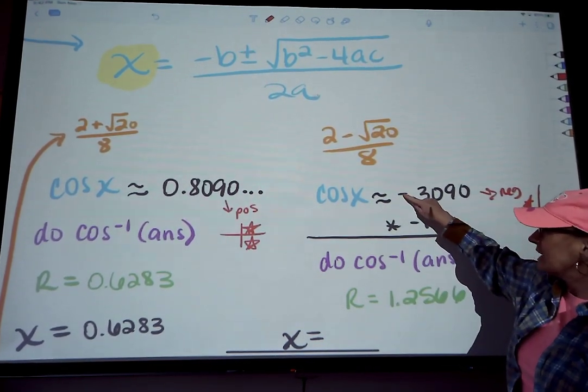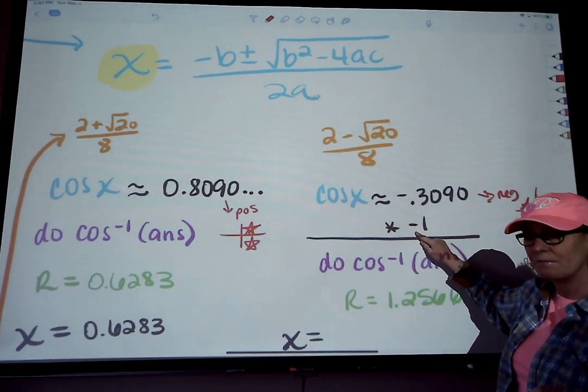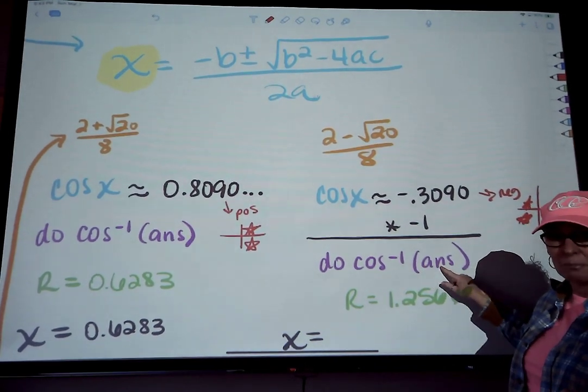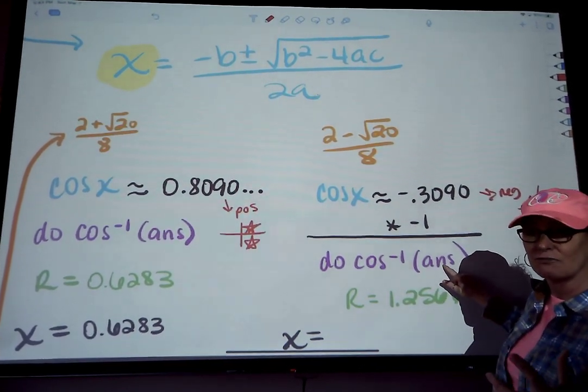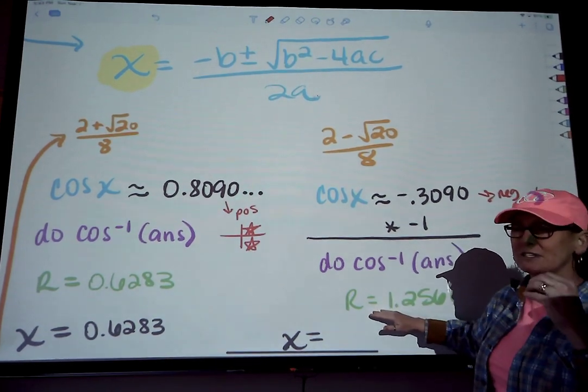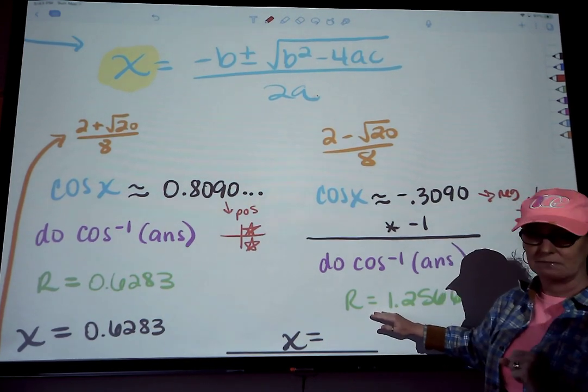So I'm going to change this. I'm going to multiply this by a negative 1 to turn it positive. Then I'm going to do cosine inverse on my positive yucky fraction. What's that going to give me? It's going to give me a reference angle in quadrant 1.